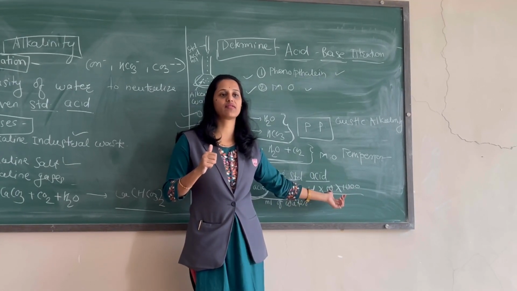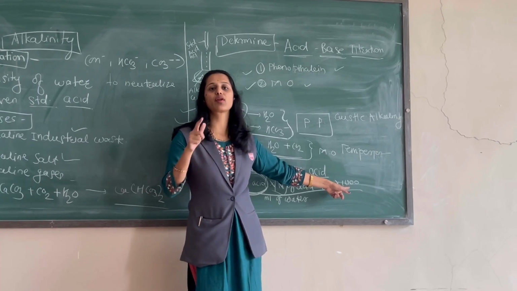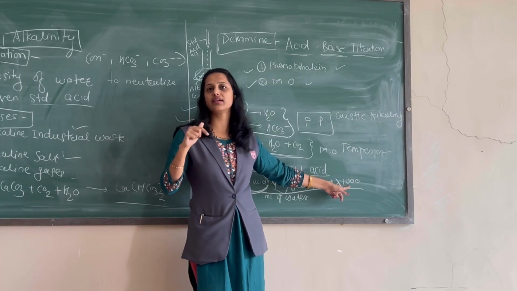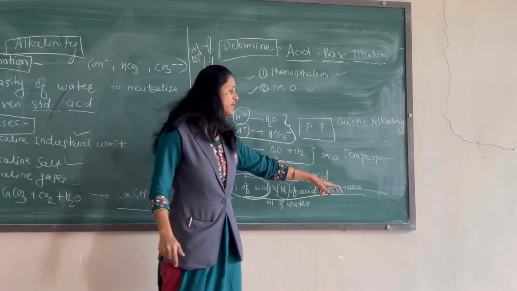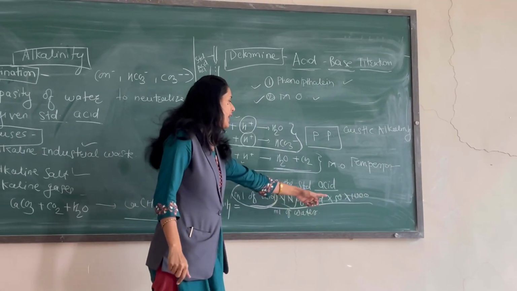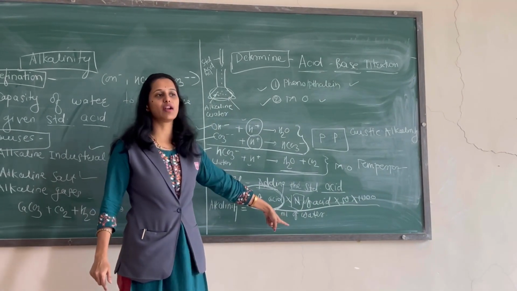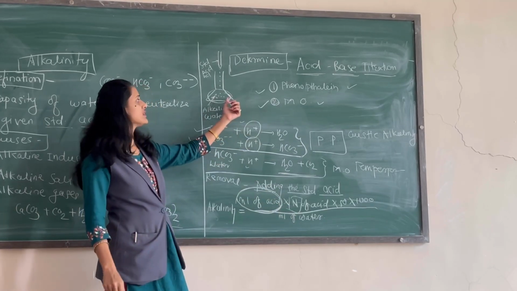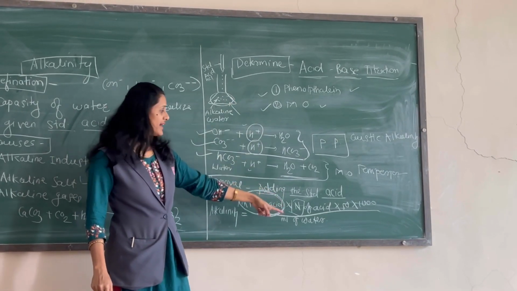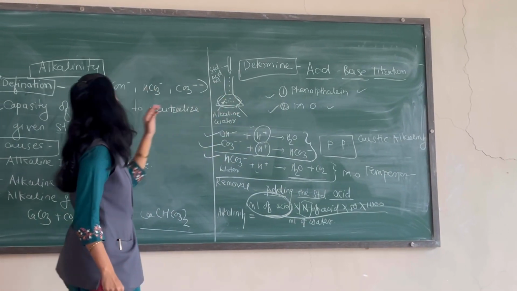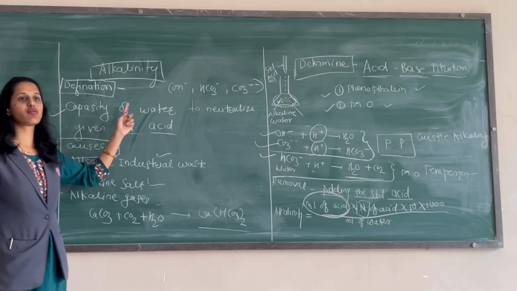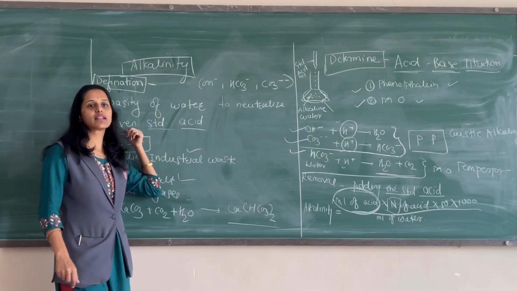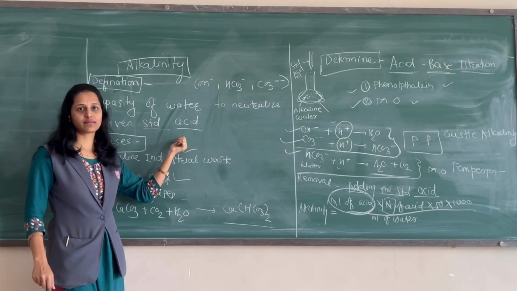We multiply by 1000 because alkalinity is determined per liter, and divide the whole by the ml of water used. By this we get the capacity of water to neutralize the given standard acid. Thank you.